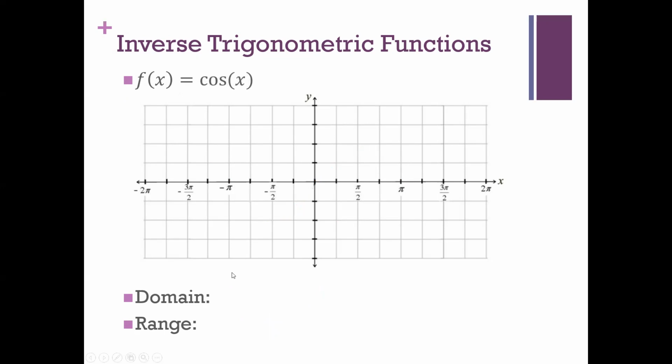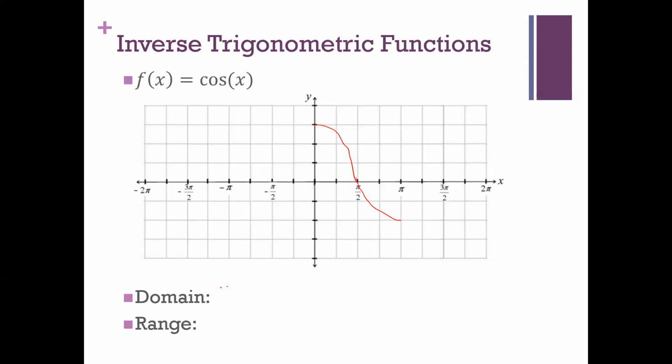How about for cosine? We've already said cosine is not one-to-one. We needed to restrict it somehow. I'll just draw from the positive side on here. So I can stop now. We okay with that?